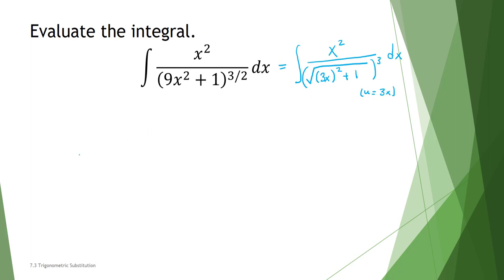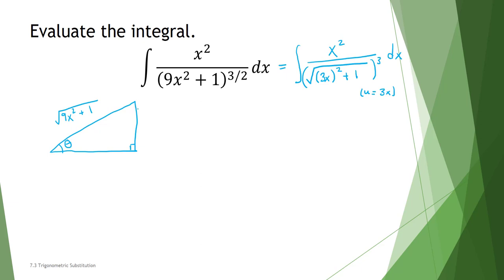I am going to build a triangle to reflect this situation. So here's my angle theta. I need one of my sides of the triangle to be the square root of two things added, so that must be the hypotenuse. So this side is going to be the square root of 9x squared plus 1.